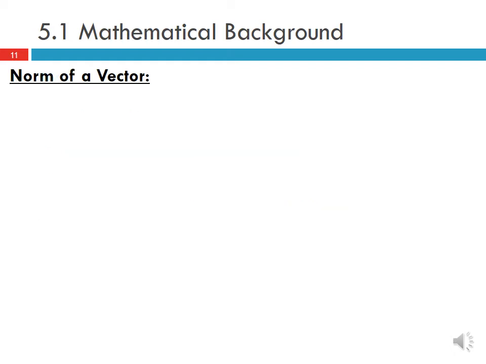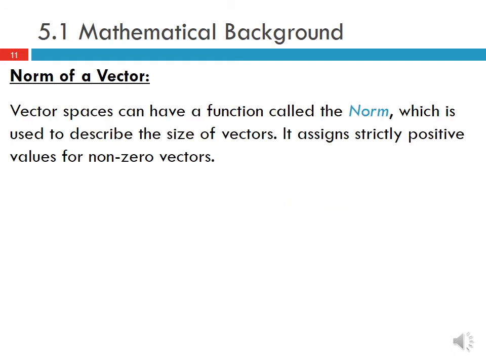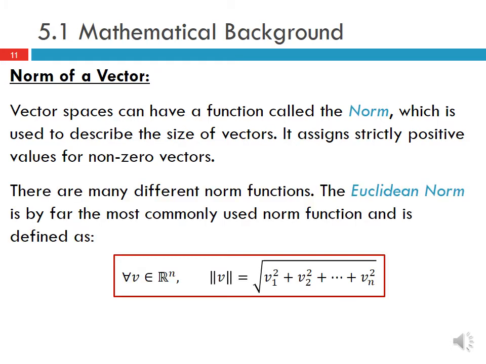So let's talk about the norm of a vector. Vector spaces can have a function called the norm, which is used to describe the size of vectors, and it assigns strictly positive values for non-zero vectors. There are many different norm functions that can be defined, and the Euclidean norm is by far the most commonly used, and it's the one that you're probably familiar with. It's defined as shown here.